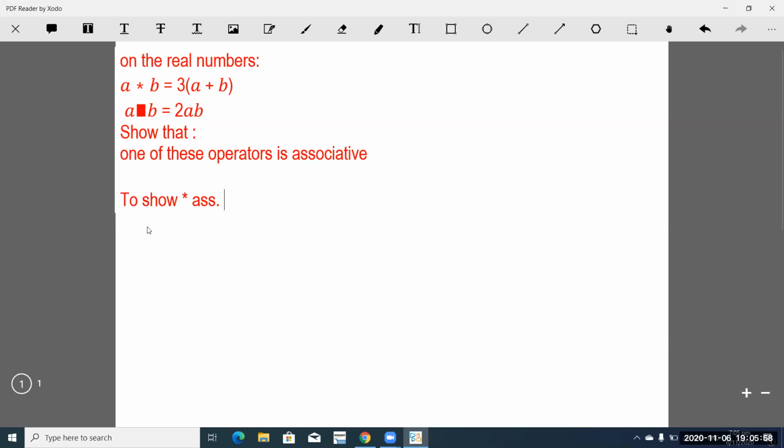To show star is associative, we need to show that A star, B star C, the order doesn't matter.